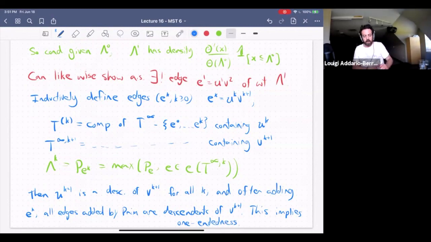Okay, I think I gave a definition of one-endedness which is slightly stronger than the standard definition. I think the standard definition is just that if you remove any finite subset of the graph, then what's left has a unique infinite connected component. There's only one infinite connected component in what remains.